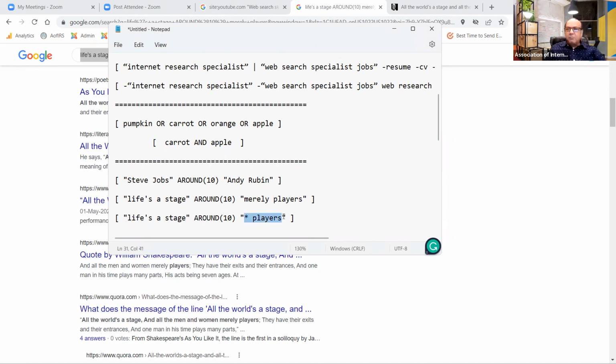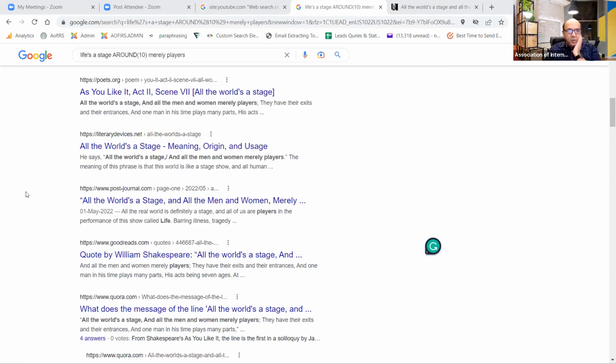So if there was a paragraph, can you think of any terms, or the two terms, or let's say even in life's a stage, let's suppose I want to look for an article. Let's look at this one.